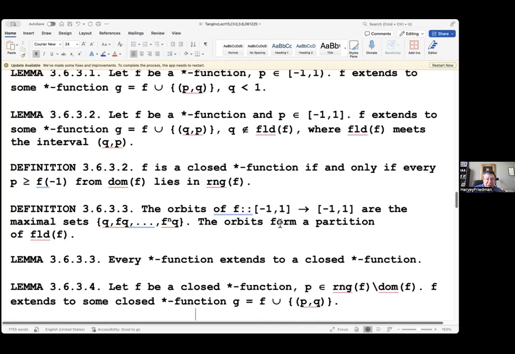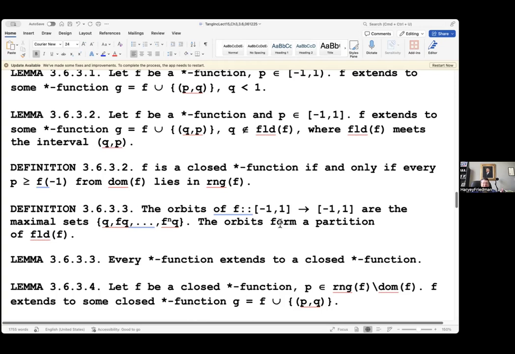Here's the other extension theorem. If P is in the interval -1 and 1, F extends to a star function G equals F union QP.